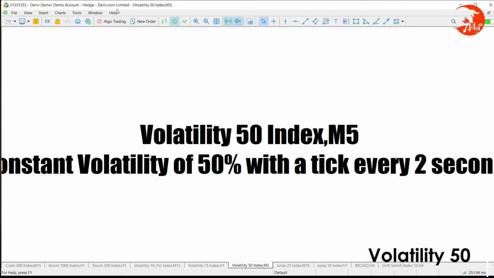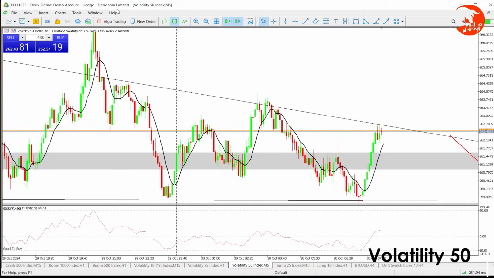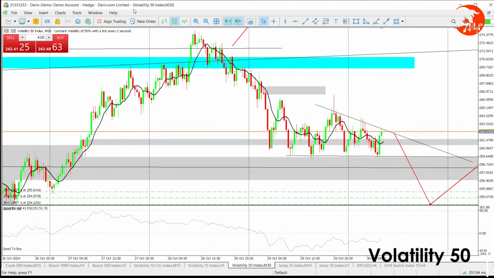Now, I will not enter it until it is below the 10 MA. So it's a no-go for me. It may first manipulate, come to that OB there, and then later on make the sell. That is according to M15.